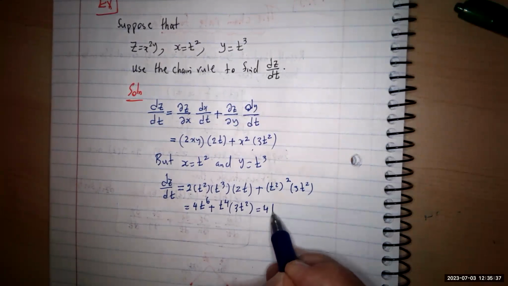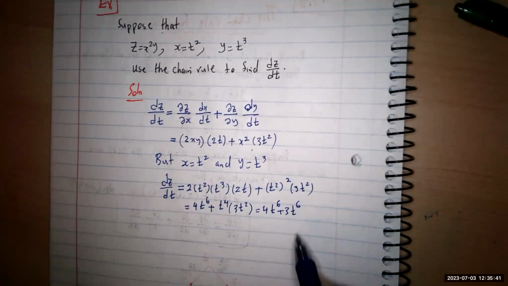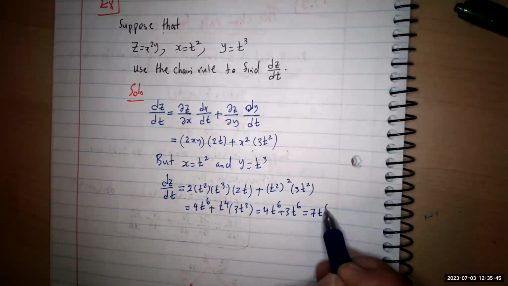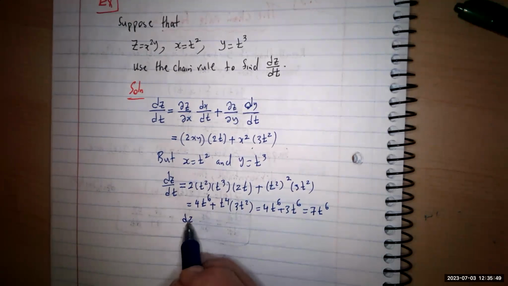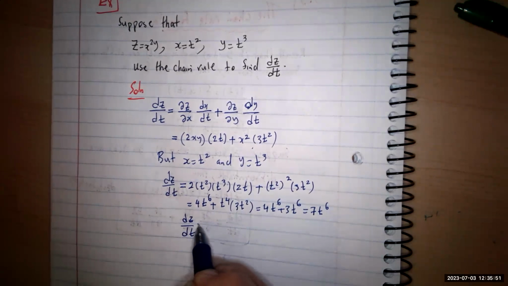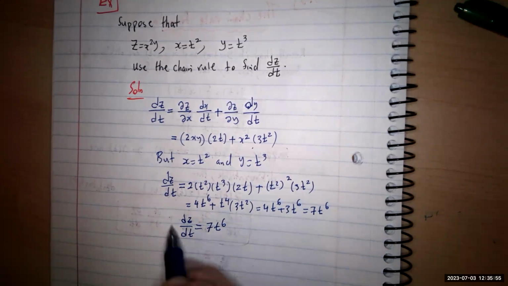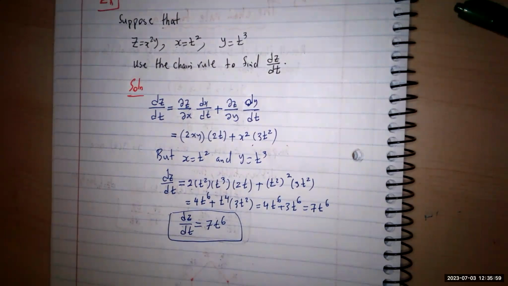So it's 4t to the 6 plus 3t to the 6. Add them together and that gives you 7t to the 6. So dz dt is equal to 7t to the 6, the final answer. That's a warm-up of the chain rule. Any question?